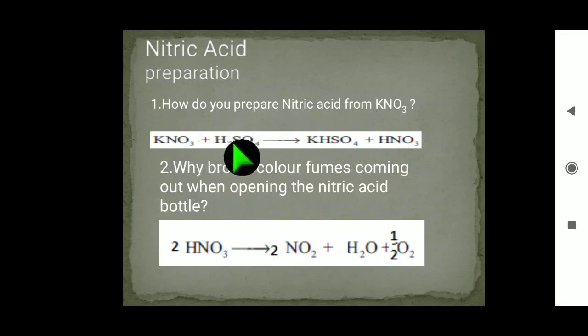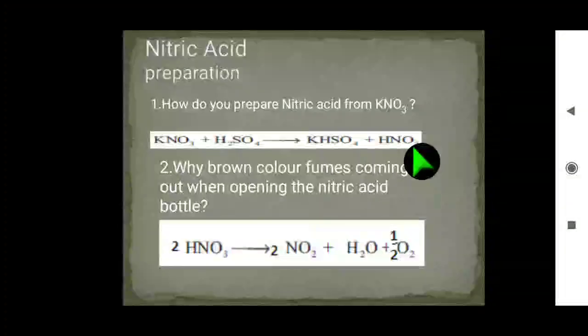Both we have to take in equal amounts. They give potassium bisulfate, KHSO4, and then nitric acid. The nitric acid is liquid, potassium bisulfate is a salt. After filtration we can get nitric acid.